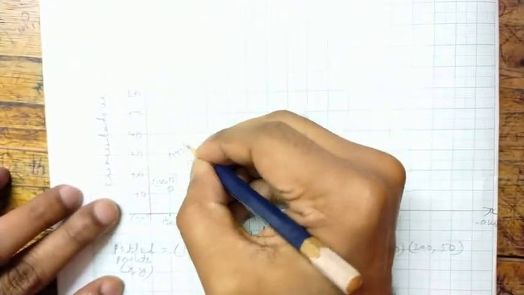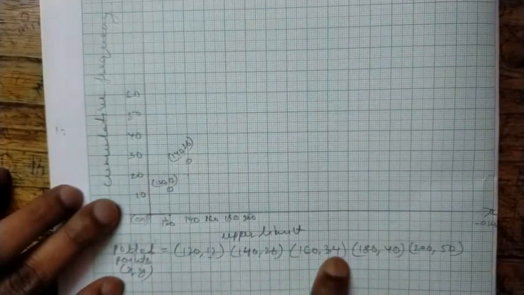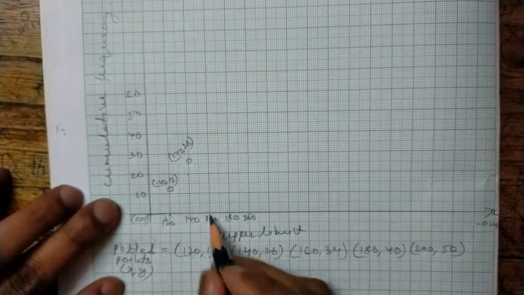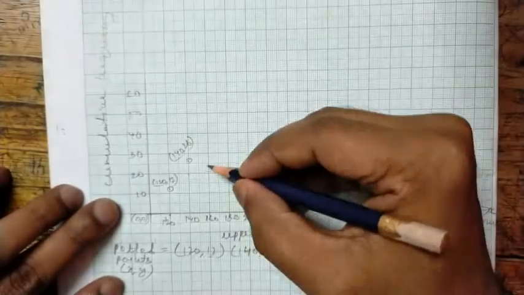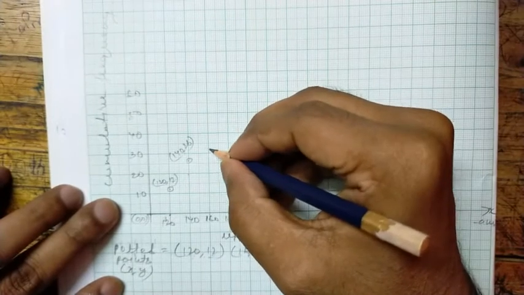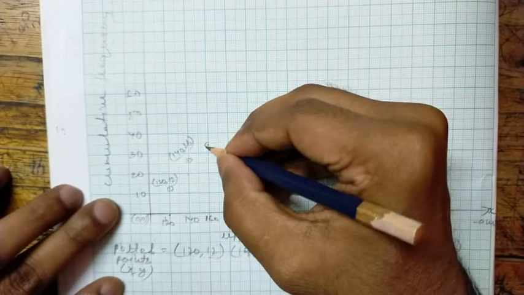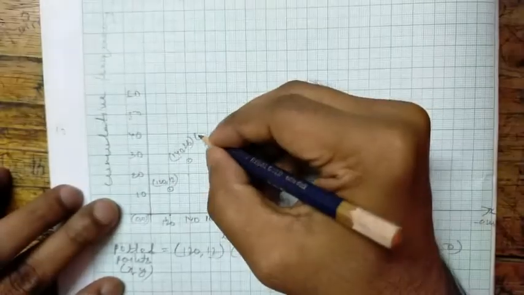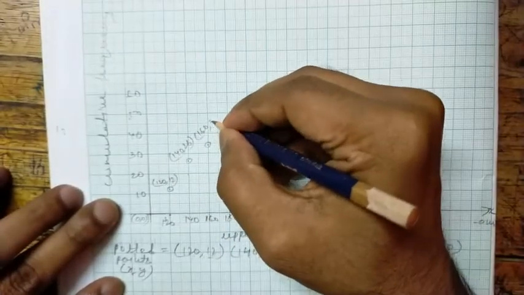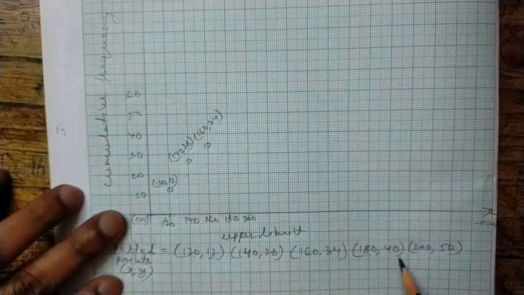Now 160 and 34. This is 30, 31, 32, 33, 34. It will be here, 160 and 34.